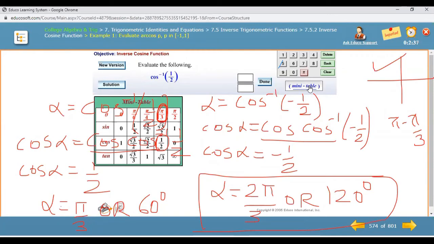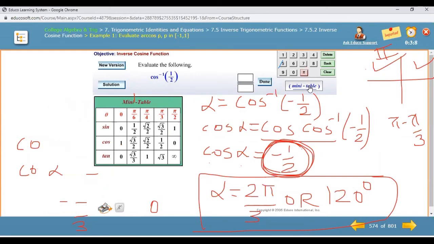Once again, I'm repeating, how do I get this angle? As I said, cosine alpha is negative 1/2. I'm calculating the inverse. Inverse positive is in the first quadrant, negative is in the second quadrant. I'm calculating for negative 1/2. If I ignore the sign, this 1/2 tells me about the reference angle.